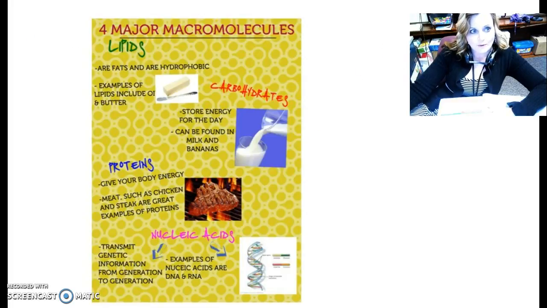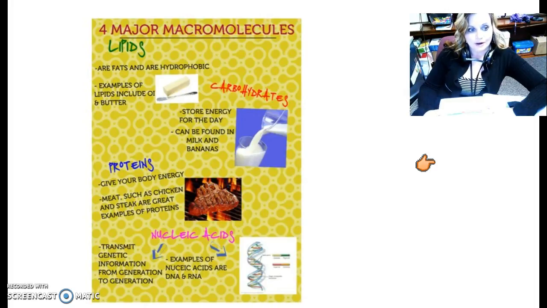Now, there are 4 major macromolecules found in the human body. So this is the stuff your body is going to make. You've got lipids, which you need to eat in order to have lipids in your body to use to make things, such as your cell membranes.